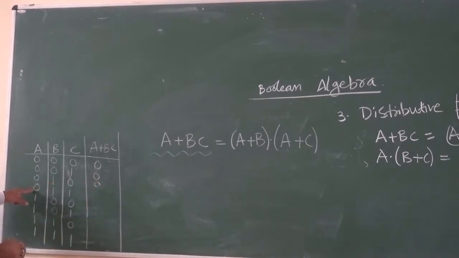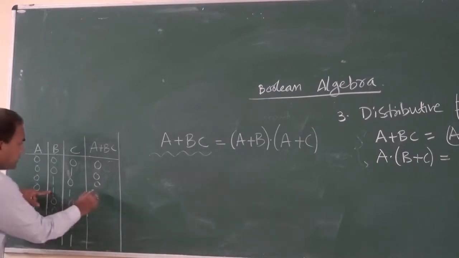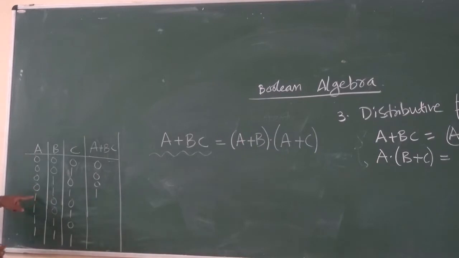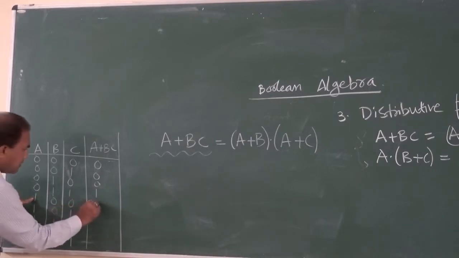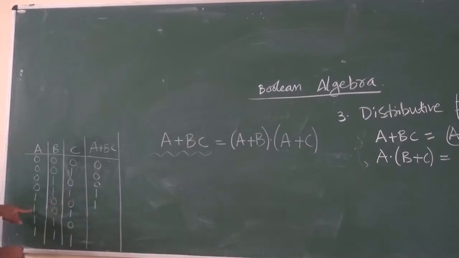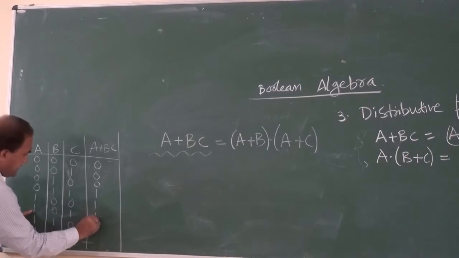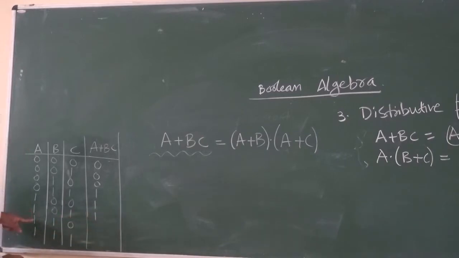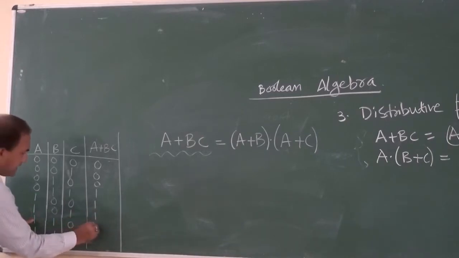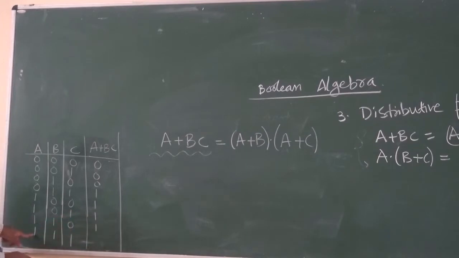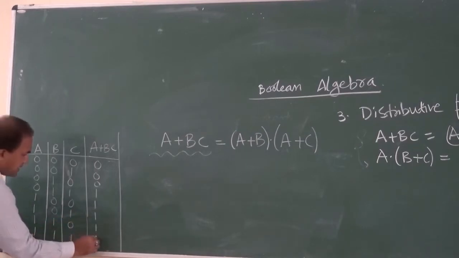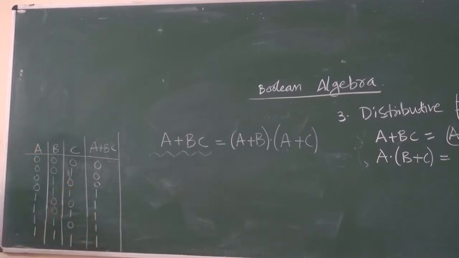A is 0 plus B dot C, B is 1, C is 1, so it is equal to 1. A is 1, A plus BC is 1. A plus BC is again equal to 1, again equal to 1, and again equal to 1.